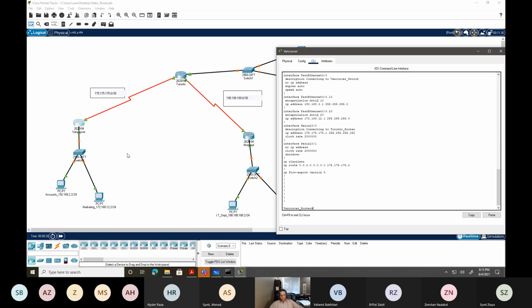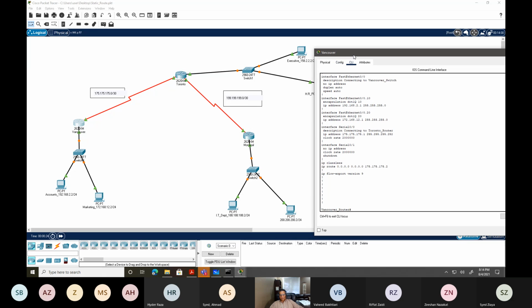I got my Vancouver, I got my Toronto site, I got my Montreal site, right? In my Vancouver site, I am connecting to the Toronto site. You guys see this? 175.175.175.1, which is this IP address, and 175.175.175.2, which is this IP address. Do you guys understand what I'm trying to explain here?